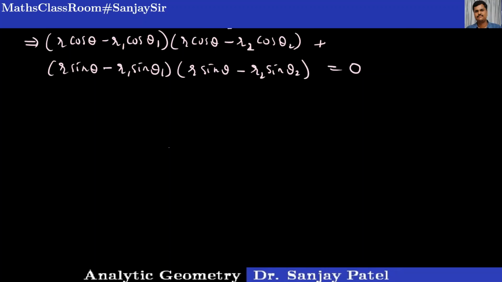Let us consider this and this, that is r square cos square theta. So let me write this way.